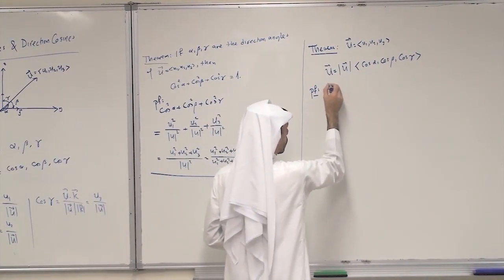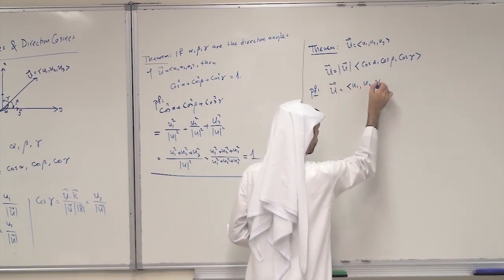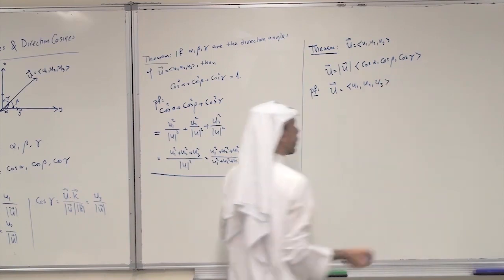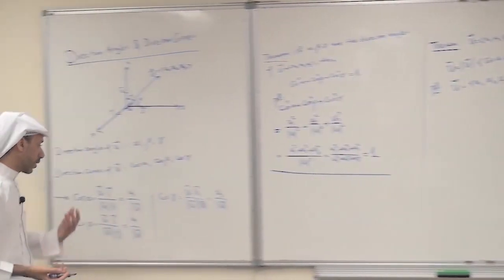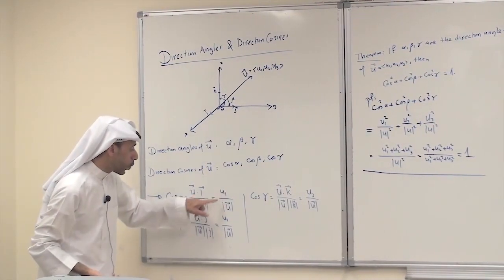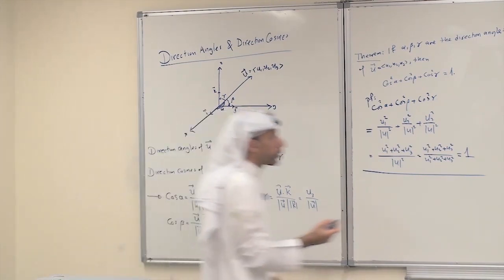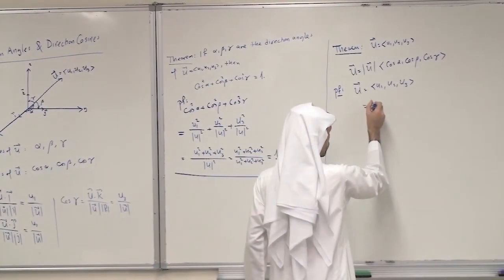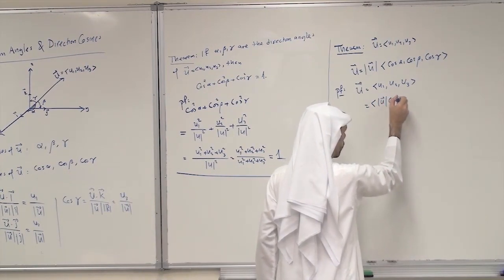You have the vector u equals (u1, u2, u3). What are u1, u2, u3 in terms of the direction cosines? From the definition of cosine alpha, cosine beta, cosine gamma, notice u1 equals cosine alpha times the magnitude of u. So this is just the magnitude of u times cosine alpha.